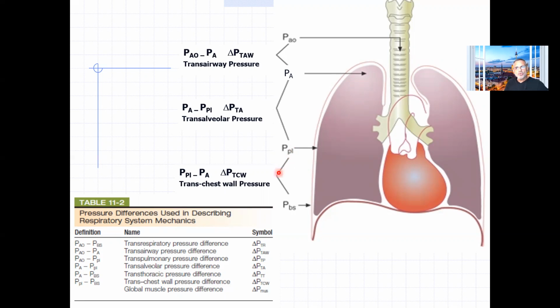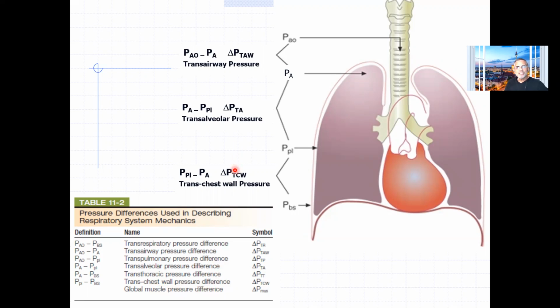And then at least on the graphic, the relationship between the pleural and body surface pressure is called the trans-chest wall pressure. And we can see it here, the relationship between pleural and body surface pressure is called the trans-chest wall pressure.